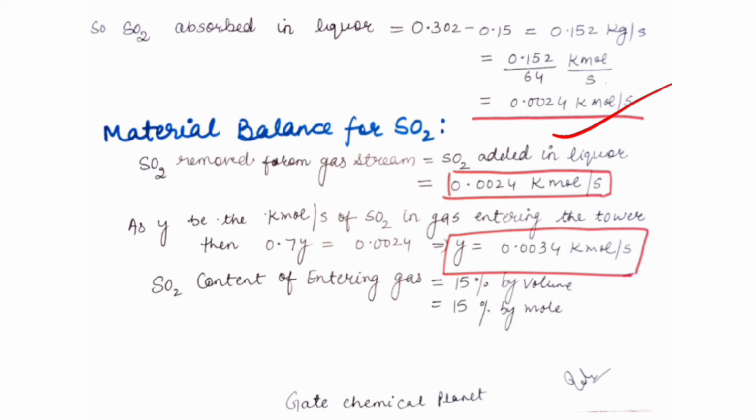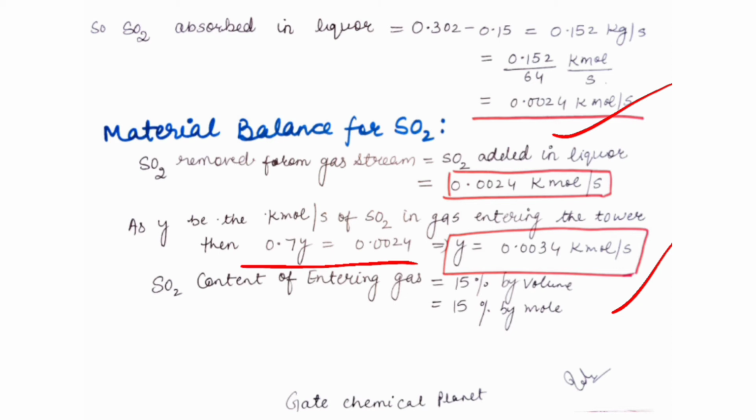Now we will calculate the value of Y. As we have chosen Y as the kilomoles per second of SO2 in gas entering the tower, we can easily calculate its value. 0.7 Y equals 0.0024, and Y equals 0.0034 kilomoles per second.